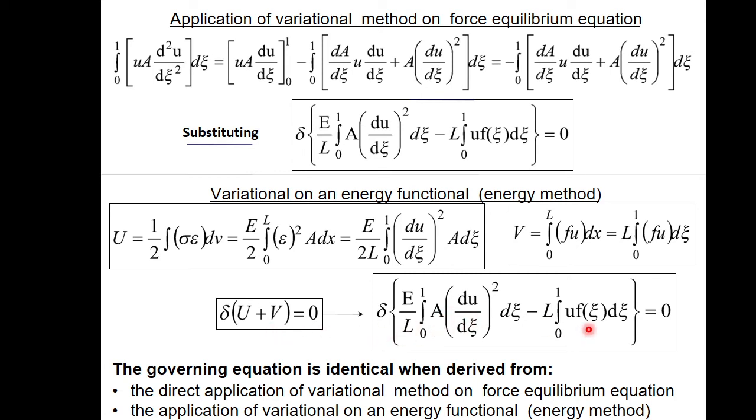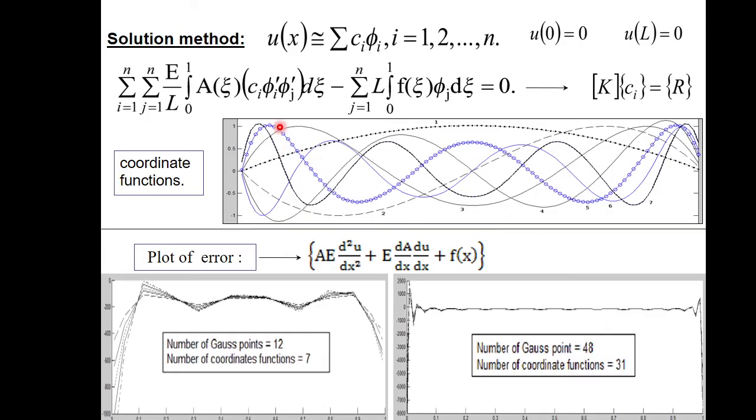What next? We have to assume a displacement field U. So we have assumed this, and this is a MATLAB plot basically. We will see how we can form these functions, and these can be varied.